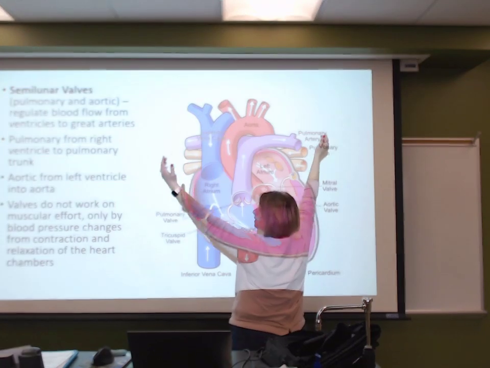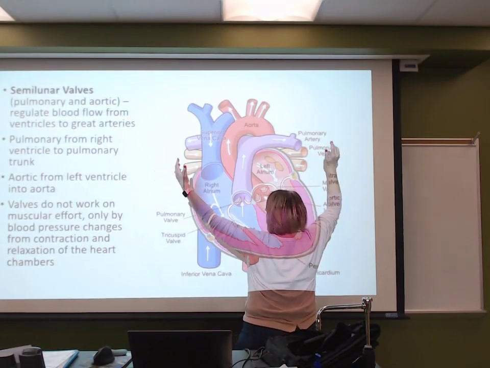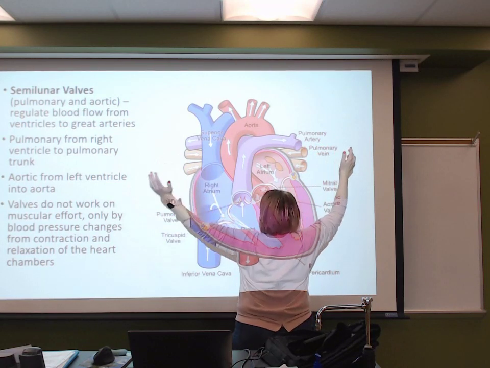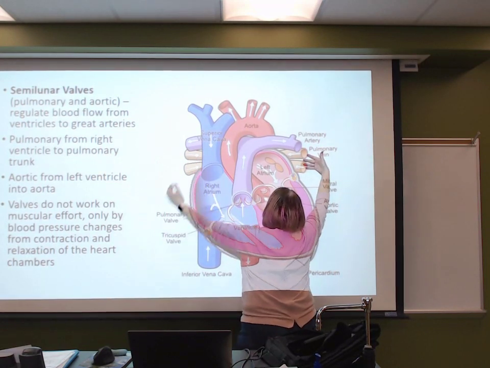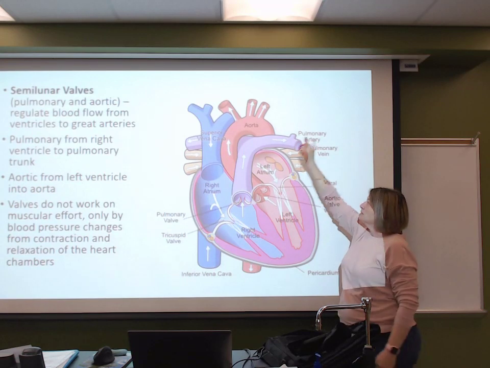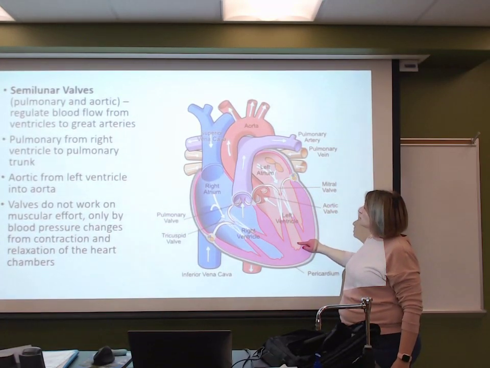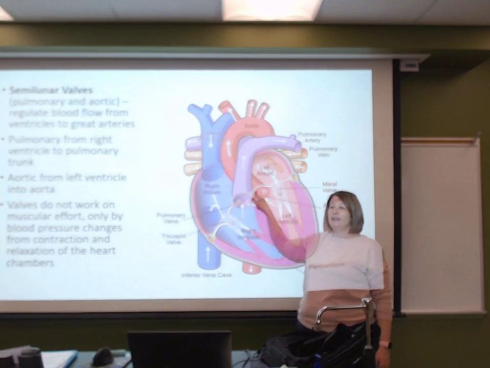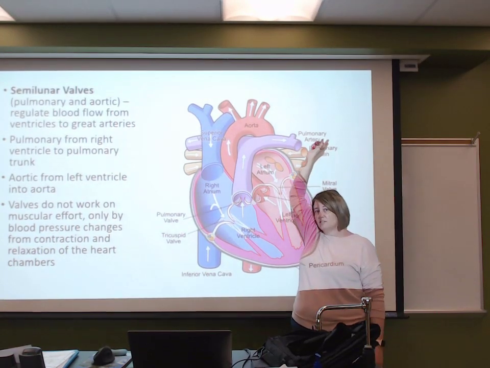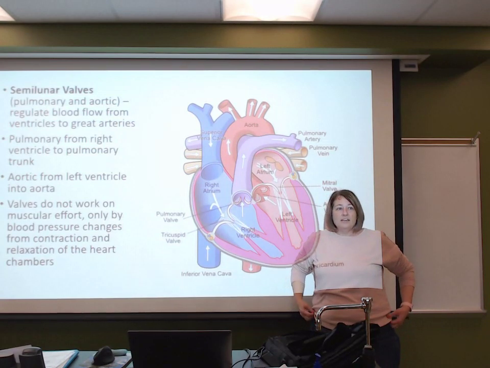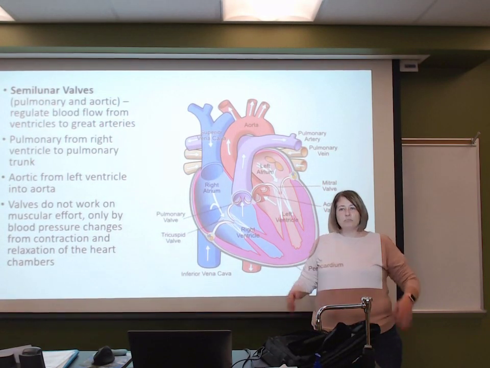You have left and right lungs, so blood returns from both, to the left atria, then the left ventricle, then the aorta through the semilunars, and to the system. That is your blood flow.